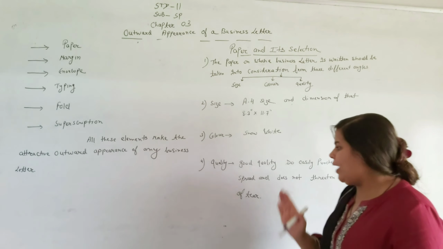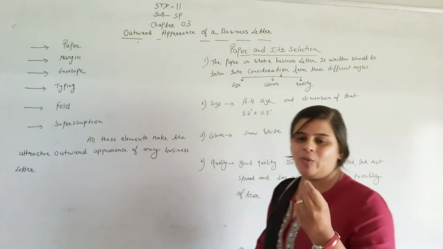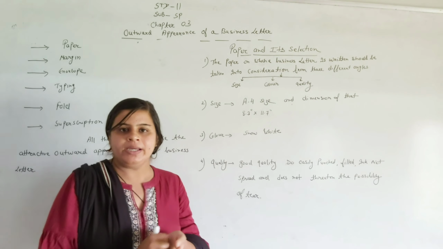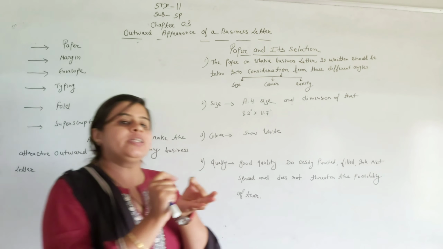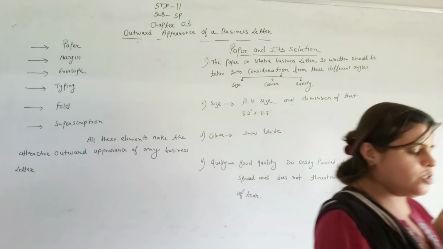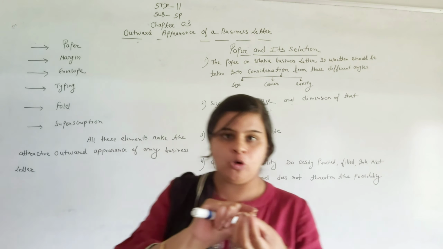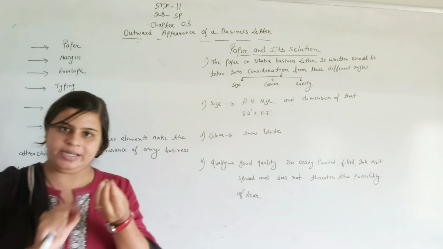And next is quality. Definitely the quality of paper must be good. Ink should not spread on it, and there should be no fear of tearing, because we may have to punch it or attach more documents to such a letter.